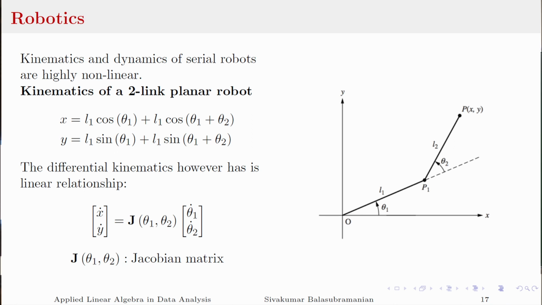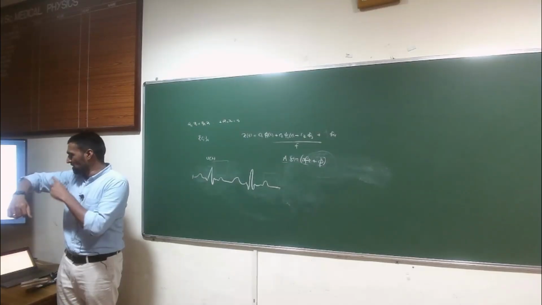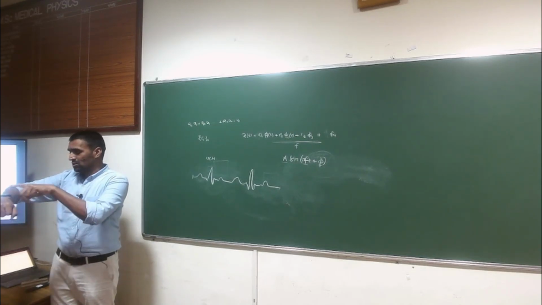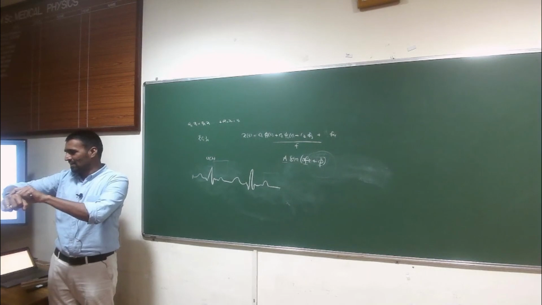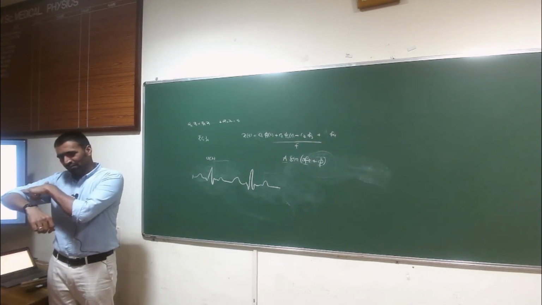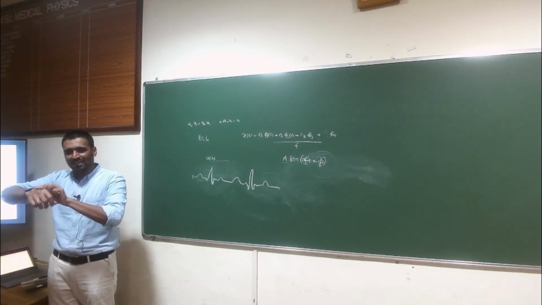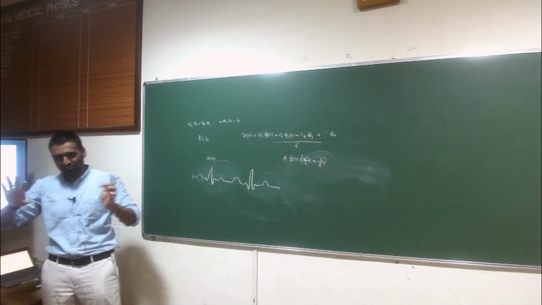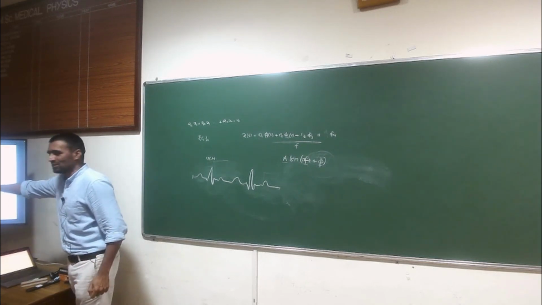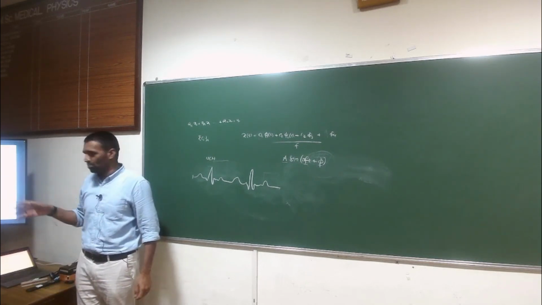Don't worry about what that means. It simply means, even though the relationship between my shoulder angle and my elbow angle to the end point of my hand is not linear, the angular velocity of my shoulder and the angular velocity of my elbow are actually linearly related to the end point velocity. So this linearity is used for solving problems in robotics.